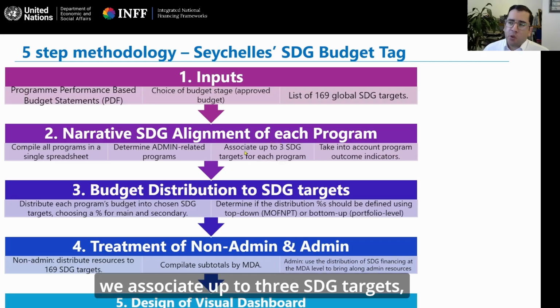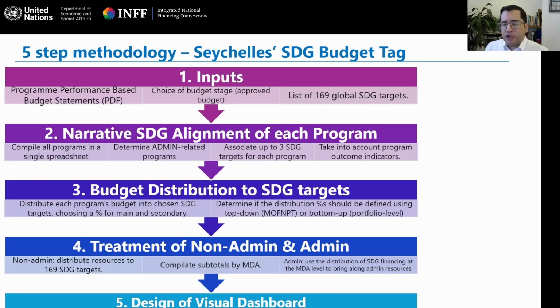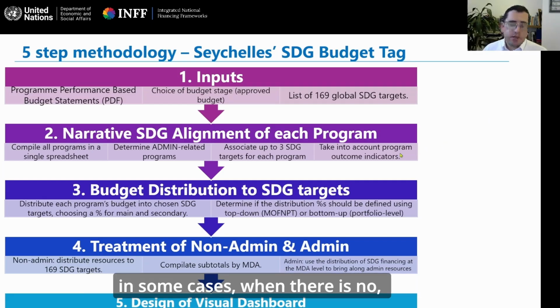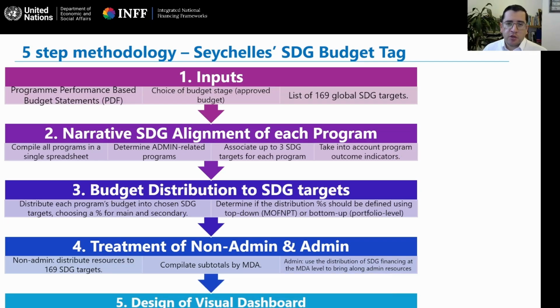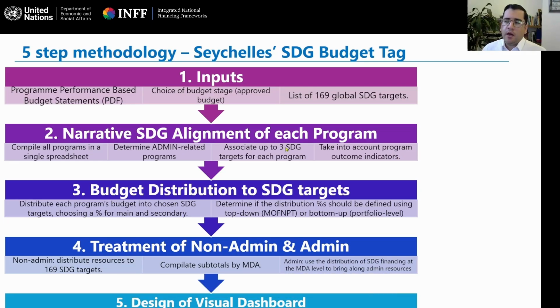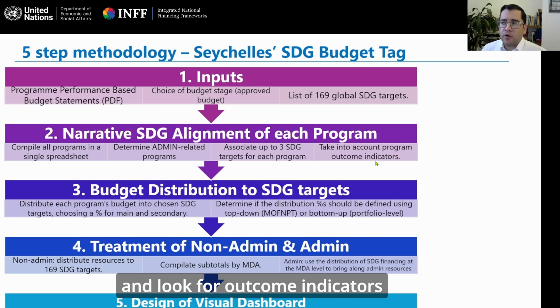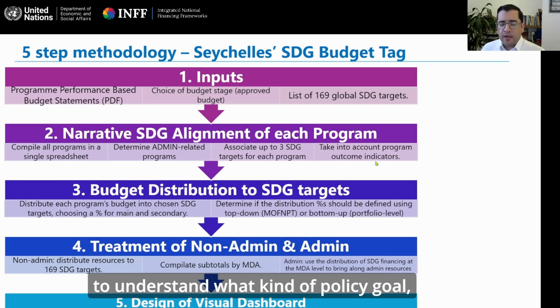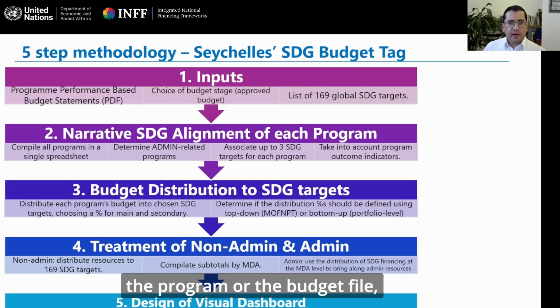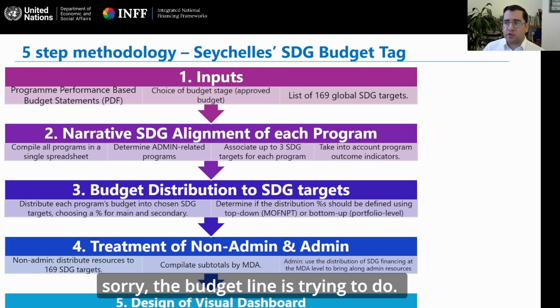We associate up to three SDG targets for each program that does not have an administrative nature. In some cases, when there is not enough detailed information on what the program is doing at face value, we need to go into the PDF and look for outcome indicators to understand what kind of policy goal the budget line is trying to achieve.